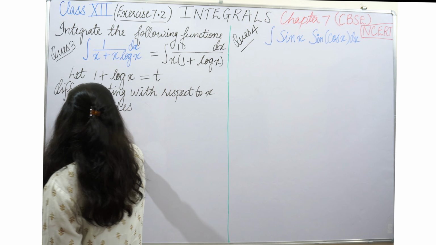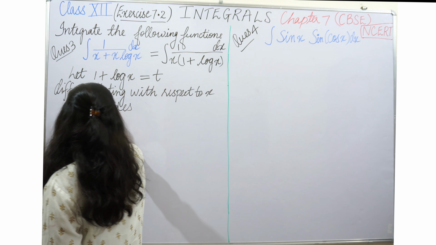So d over dx of cos x will be equal to d over dx of t. Cos x can be easily differentiated. We already know the differentiation of cos x is minus sin x. So here it will be minus sin x equal to dt over dx.